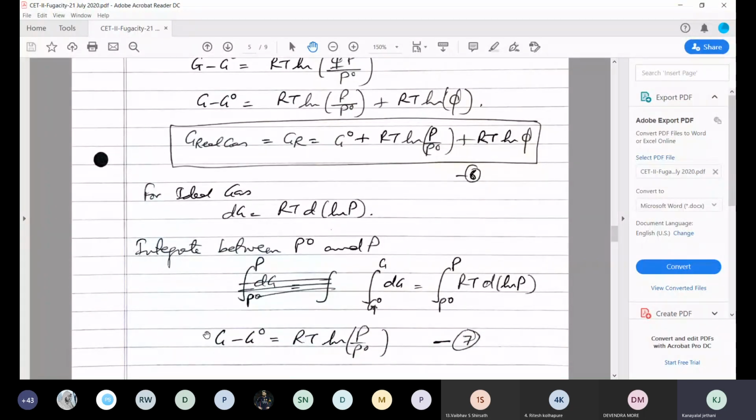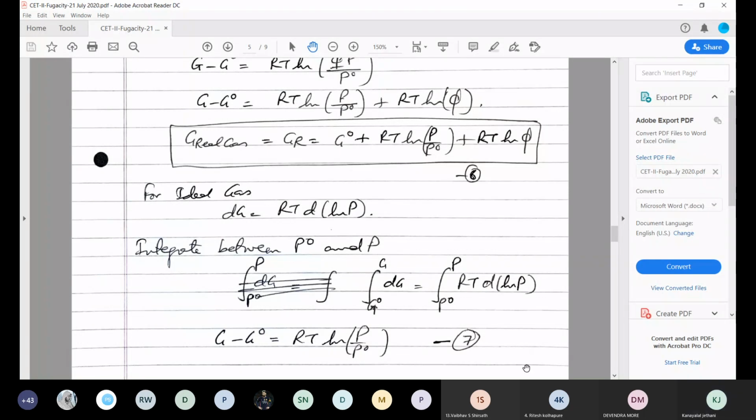Right? So we can take this on the other side, and what we get is G for ideal gas is equal to G0 plus RT ln P by P0, which is this term. In this equation 6, G0 plus RT ln P by P0 is nothing but the Gibbs free energy for ideal gas.